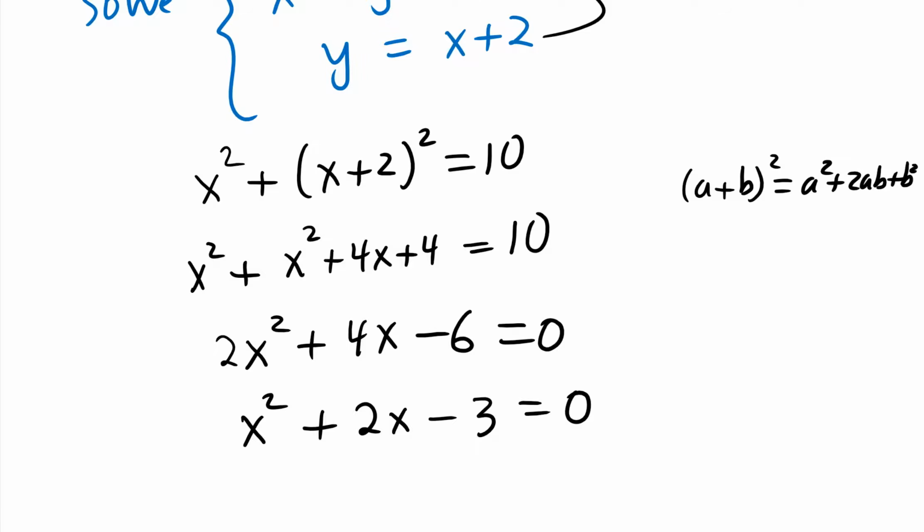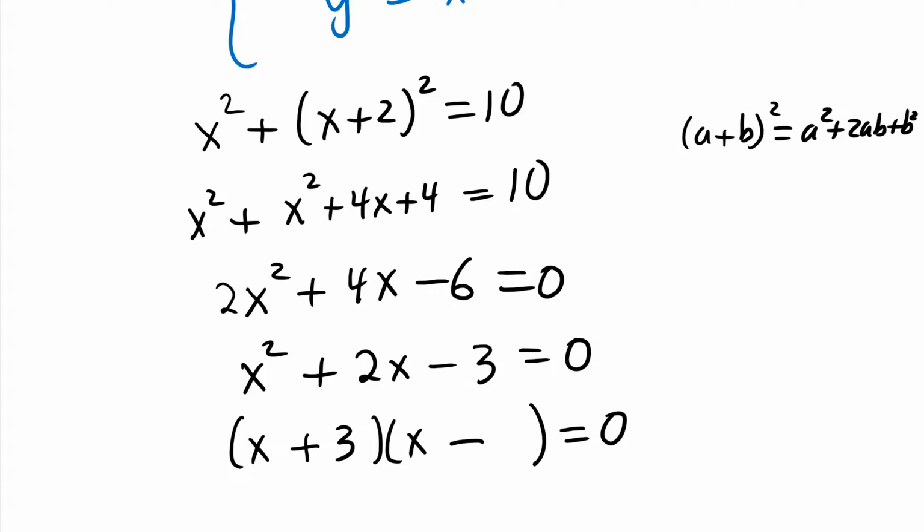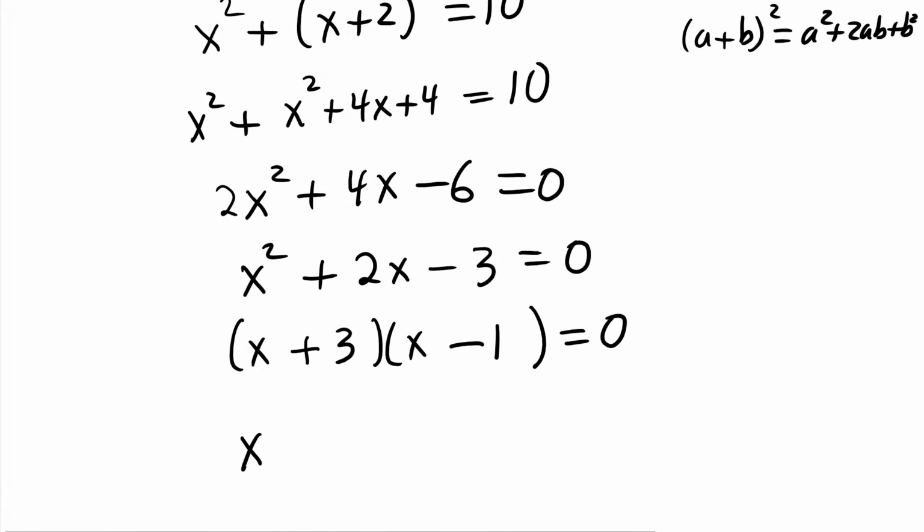And then what we do after that, we try to make sure this works by factoring. If it doesn't work, you can use the quadratic formula. It's plus 3 and minus 1. So that works out. So you get x equals negative 3 and x equals 1.